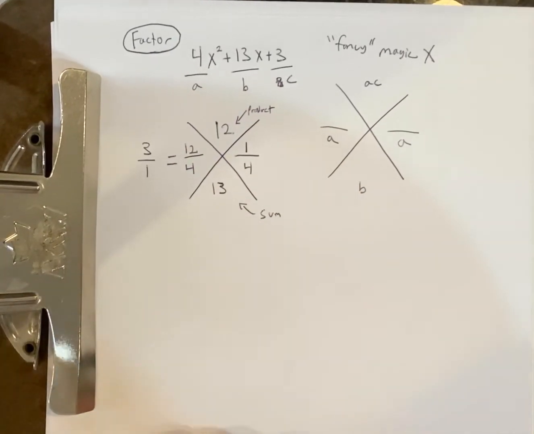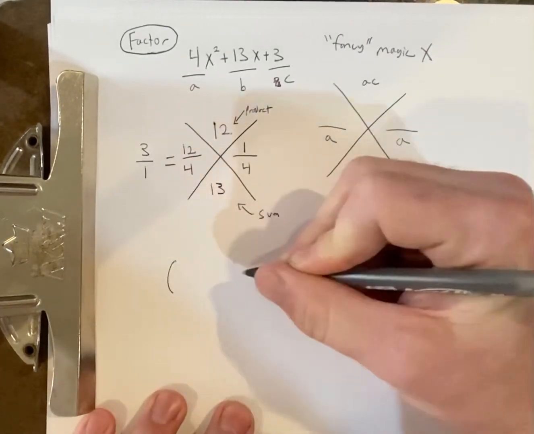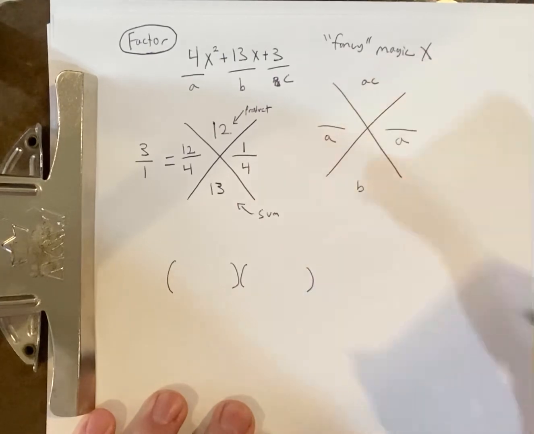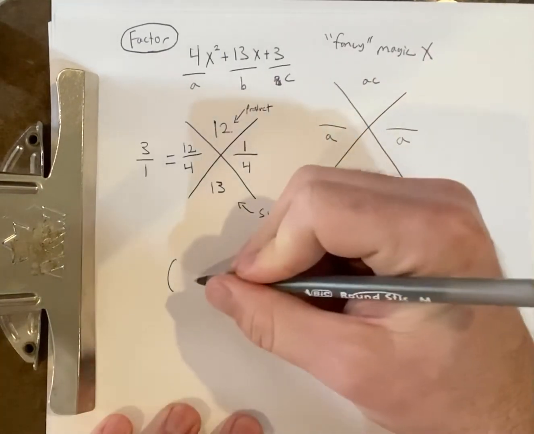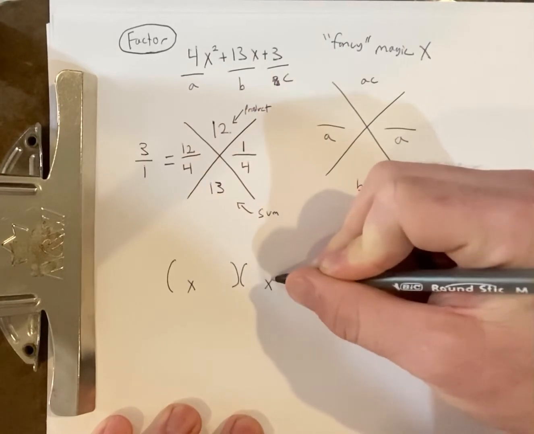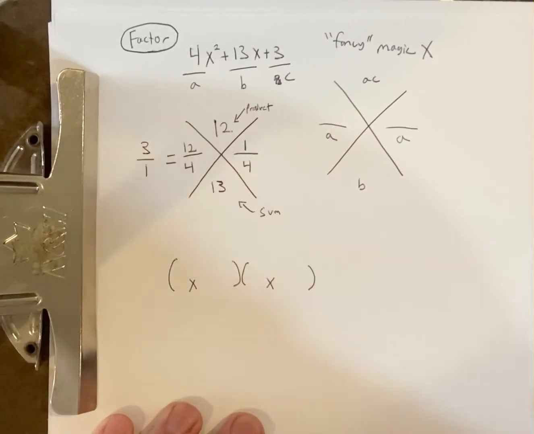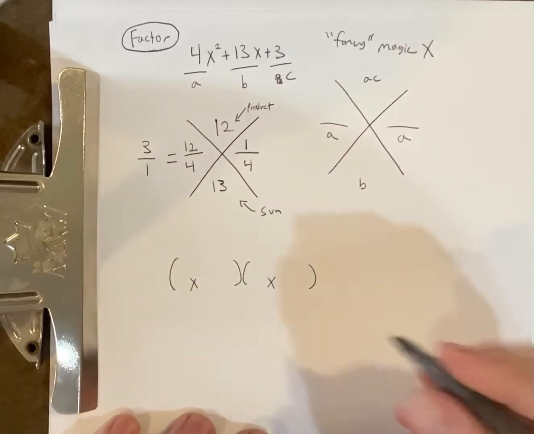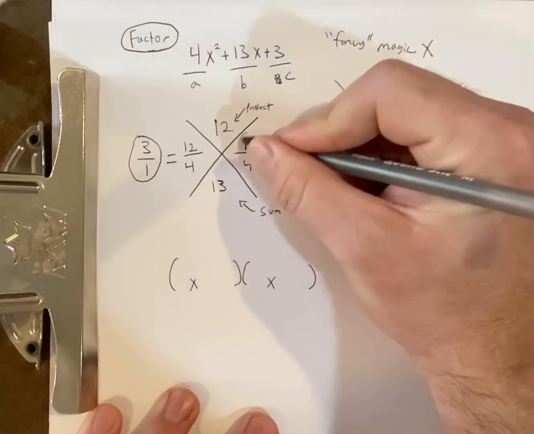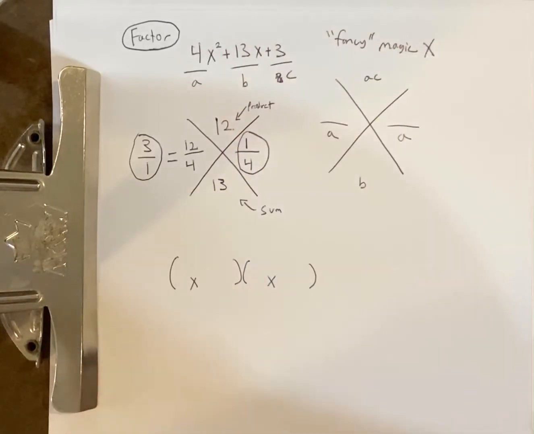All right, now we need our binomial factors. So here are my parentheses. And I know that there's going to be an X in the first term of each of these. And now I'm going to take these numbers, 3 over 1 and 1 over 4, and use them to fill in my binomial factors.